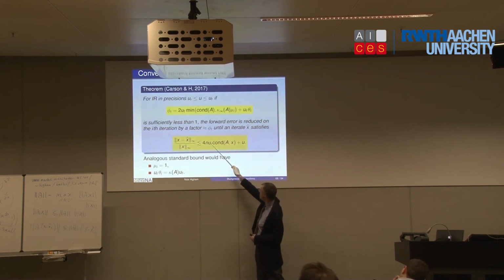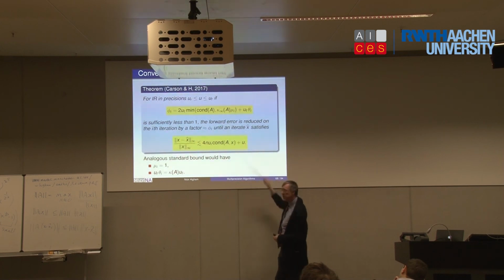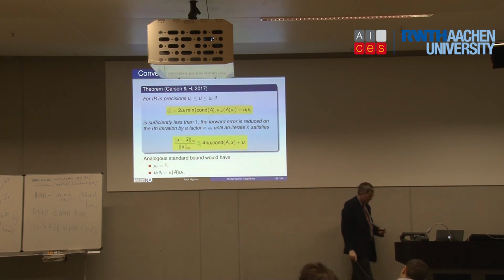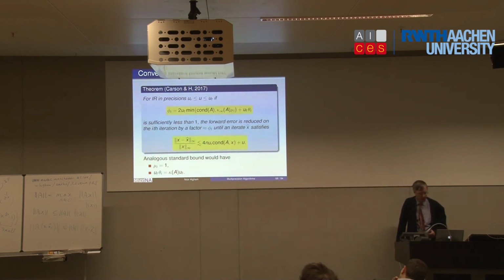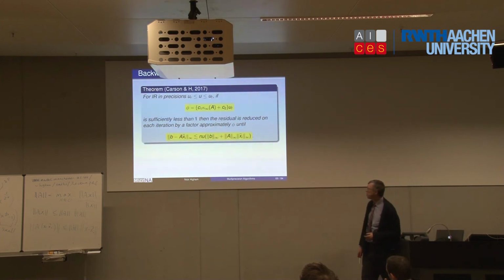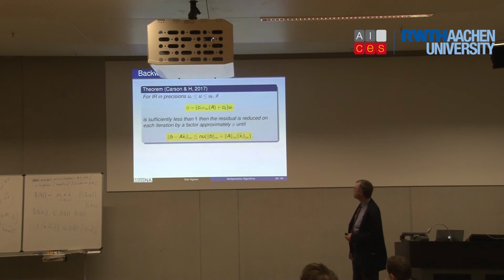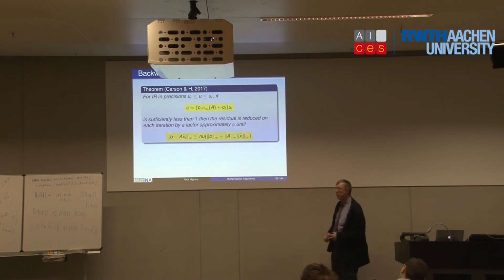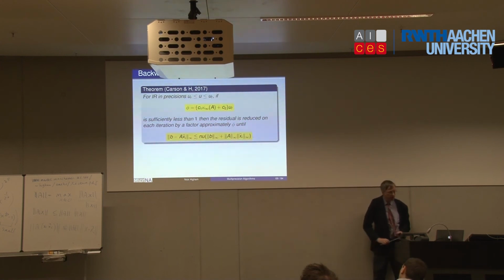If this, for example, is the square of our working precision, then in most cases this will just be of order u, and I'll get a perfect relative error. We also have a backward error result which is a bit less interesting, it's more standard, but this basically says that as long as the problem is not too ill conditioned, you will get a small backward error, which is what we already know really.